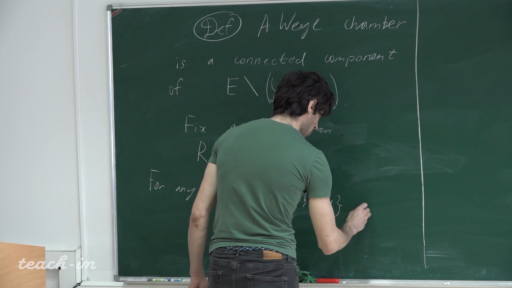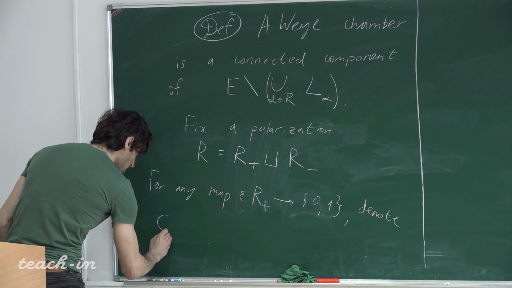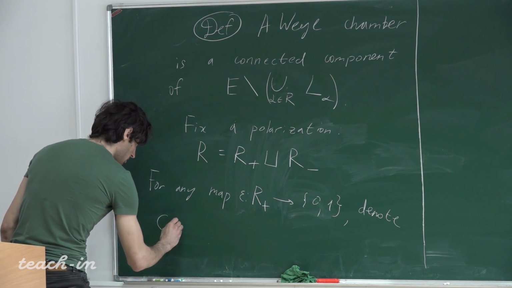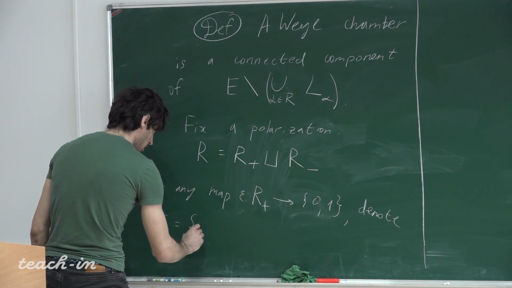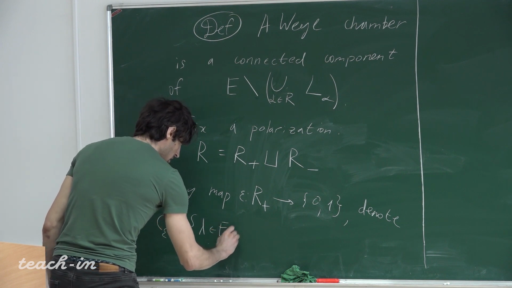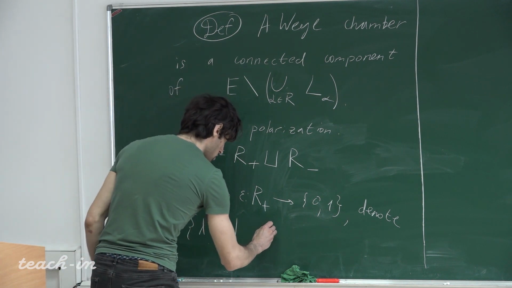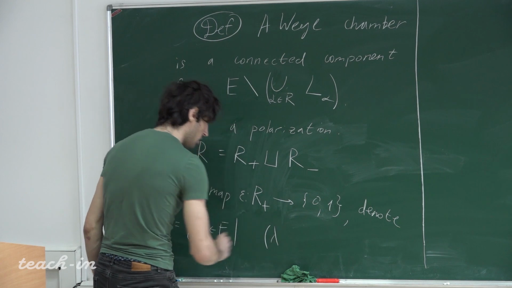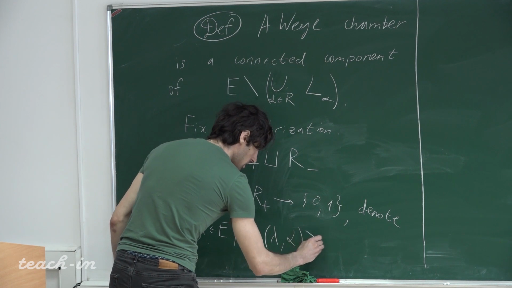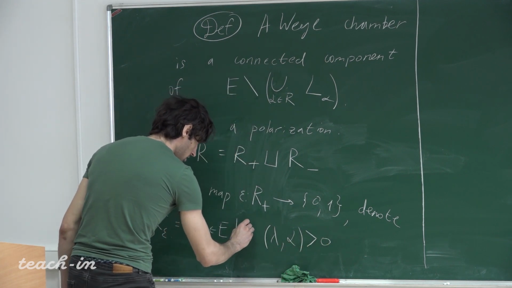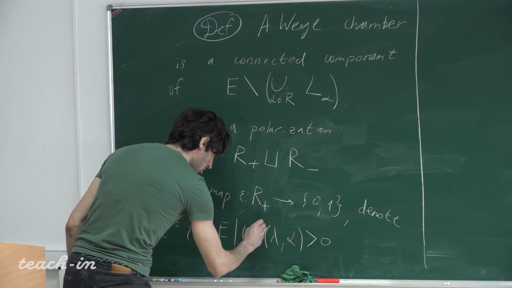we can introduce the following subset of E, denoted C epsilon. It is all elements lambda in E such that the inner product of lambda with alpha is greater than 0, or less than 0, and this sign depends on the choice of epsilon, so epsilon of alpha.